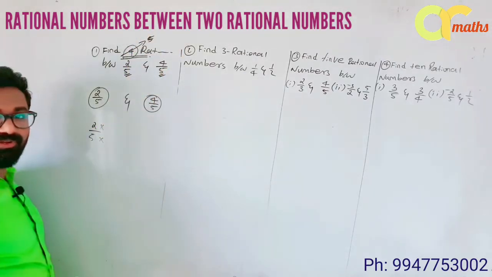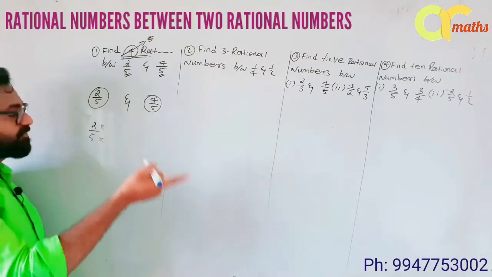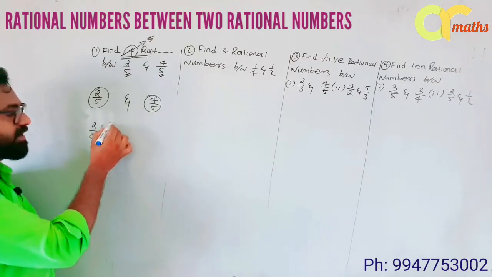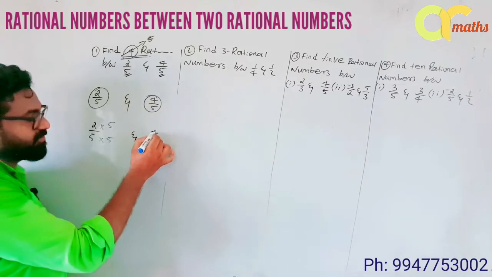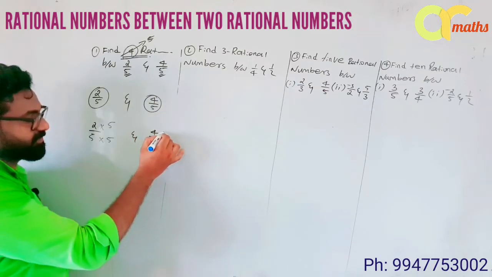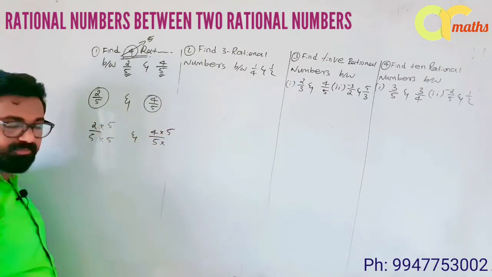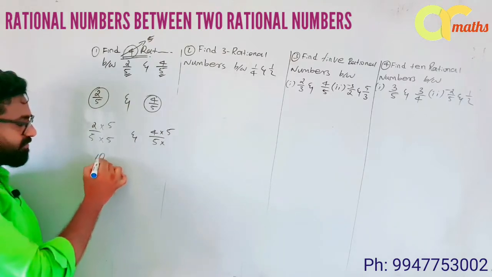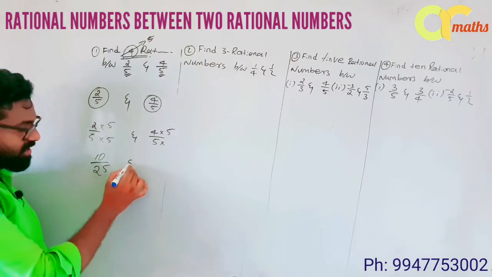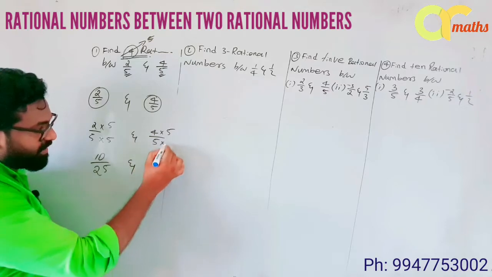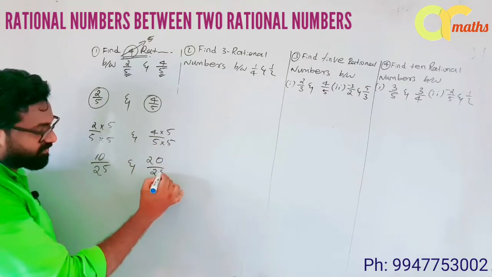What is the next number after 4? 5. So here we multiply both numerator and denominator by 5, and here also we multiply both by 5. What is the answer? 10 by 25 and 20 by 25.